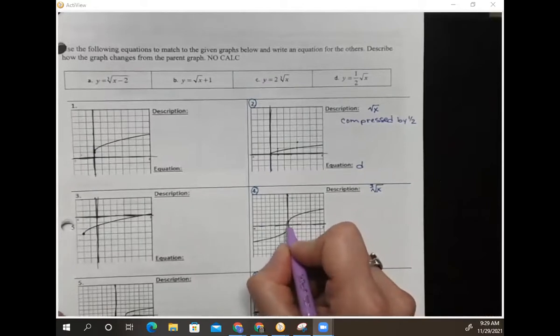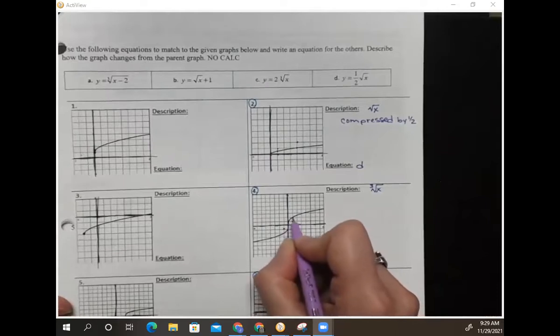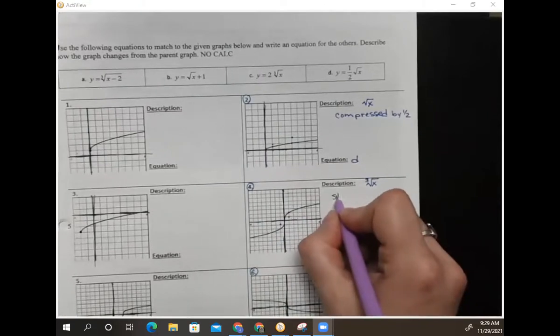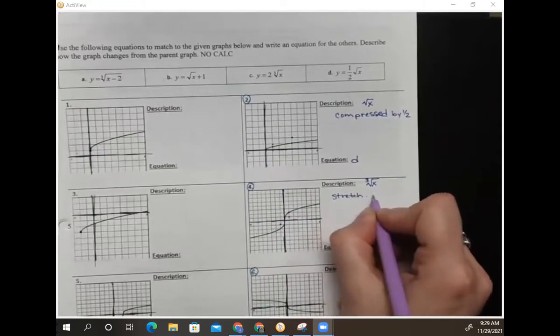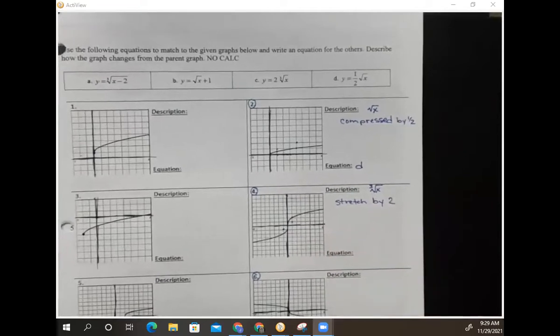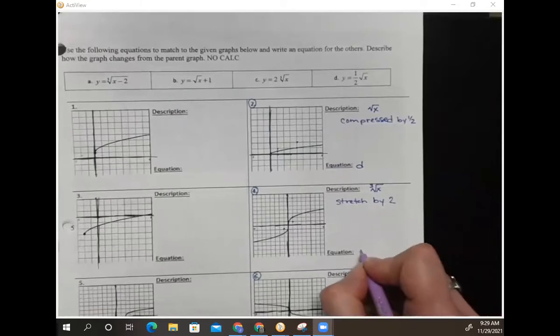So I used to go up 1 and out 1 and down 1 and out 1. But now that nice point is up 2. So stretch by 2. Do I see an equation up top that would match this? Cube root stretched by 2? C.